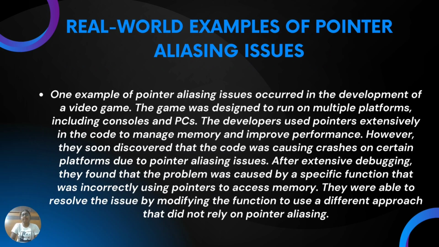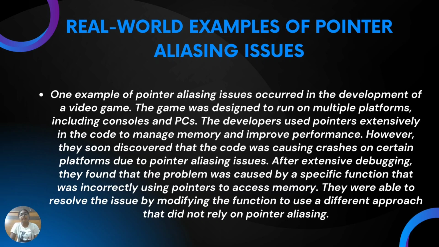Real world examples of pointer aliasing issues. One example of pointer aliasing issues occurred in the development of a video game. The game was designed to run on multiple platforms, including consoles and PCs. The developers used pointers extensively in the code to manage memory and improve performance.